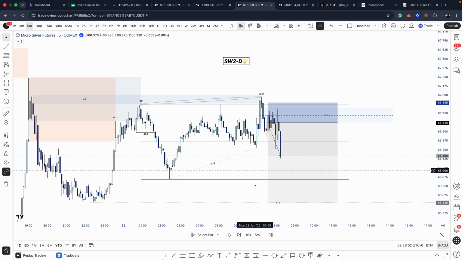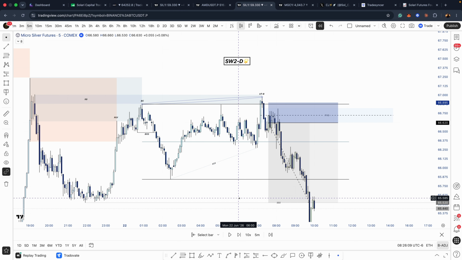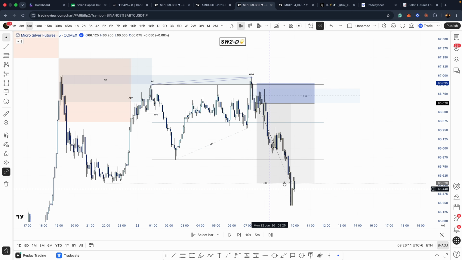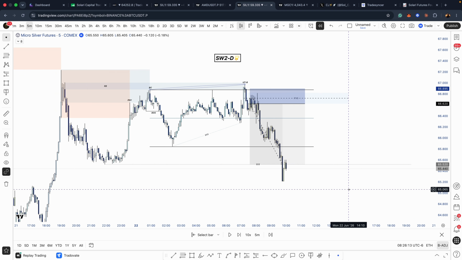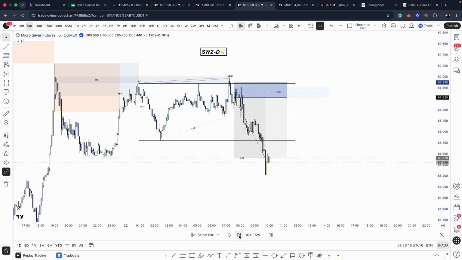Breaks down, takes that high again, and then makes its way back down. So if you didn't want to trade that backup LPSY on gold, you could have traded this SW2D Solari Wyckoff Model 2 distribution on silver.